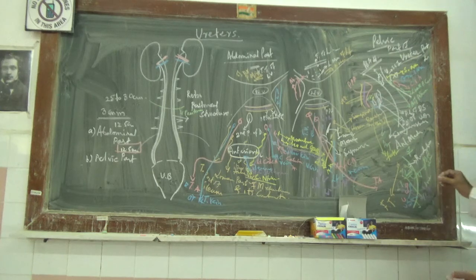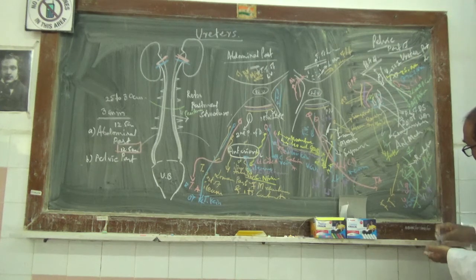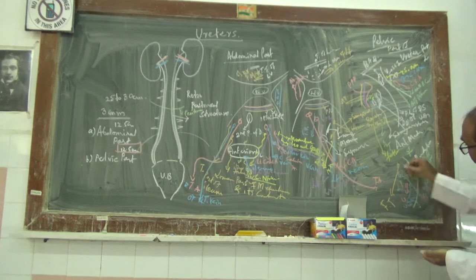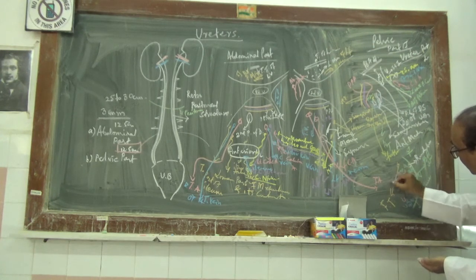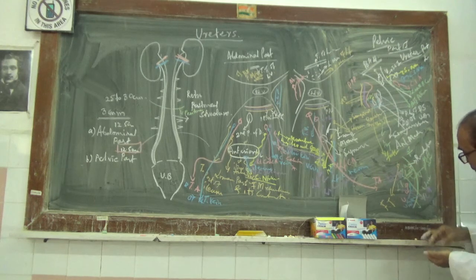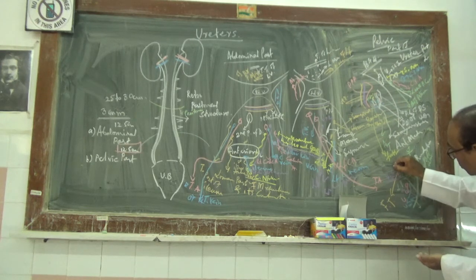Then you have the vessels, meaning arteries, which will be reaching the wall of the fallopian tube, veins of the wall of the fallopian tubes, lymph vessels of the wall of the fallopian tubes.